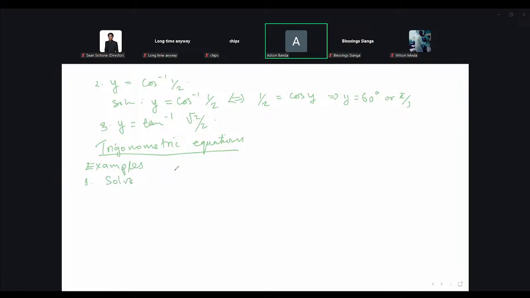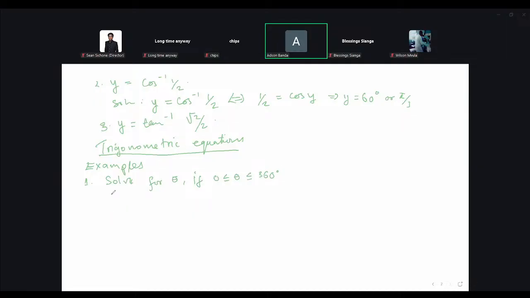So let's solve the following. Solve for theta, if theta lies between 0 and 360 degrees. Of course, we are restricting ourselves to 1 revolution.